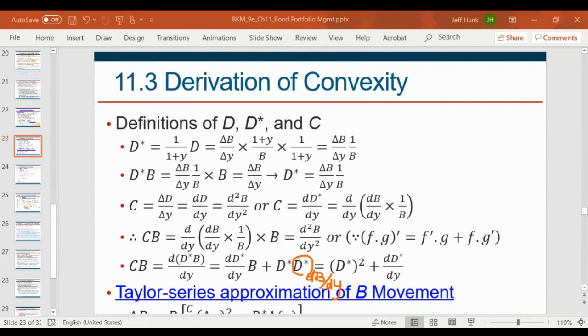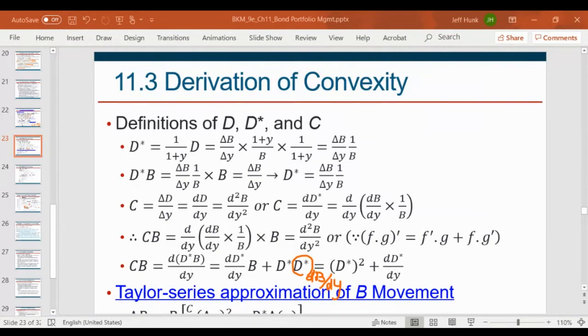The reason that they are derivatives of the bond price is because bond price is a function of interest rate, right? It's a function of interest rate.